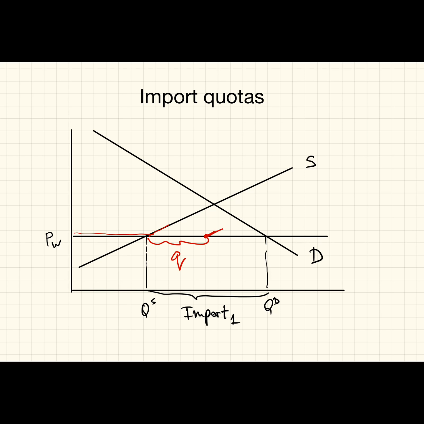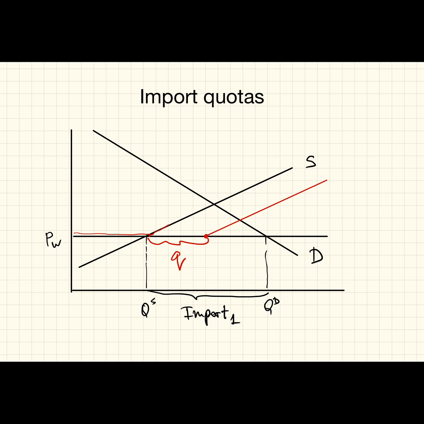Basically drawing a line that is parallel to the supply curve, which is shifted by the quota. Let me do it this way, and then I'll just pull it.